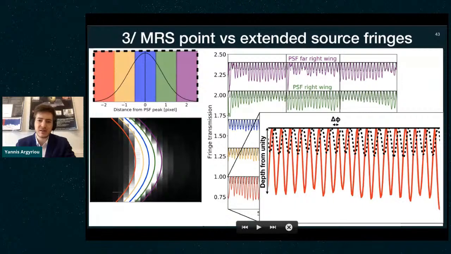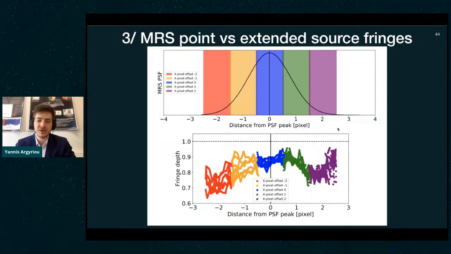We characterize this in two ways. First of all, we look at the depth from the unity line for the point source fringes. And second of all, we look at the relative phase shift between the extended source fringes and the point source fringes. Linking the depth of the point source fringes to the location from the PSF peak, we found a smooth and continuous relation between these two quantities.